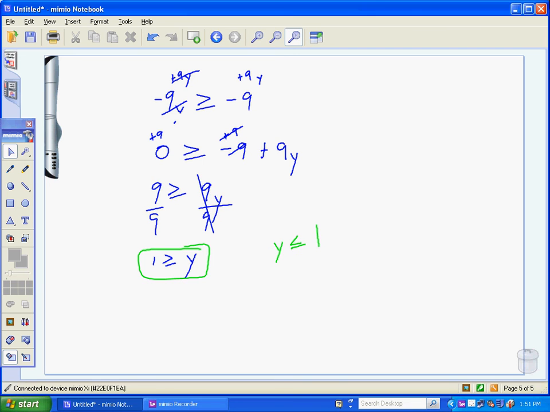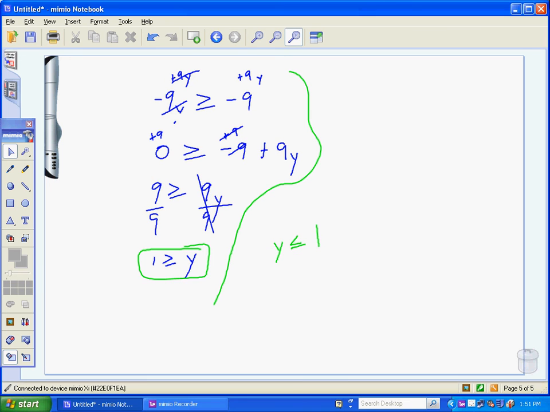But rather than go through all this junky work, what are you going to remember? When you divide or multiply by a negative, flip the sign. We'll do another one of these, or four of these.